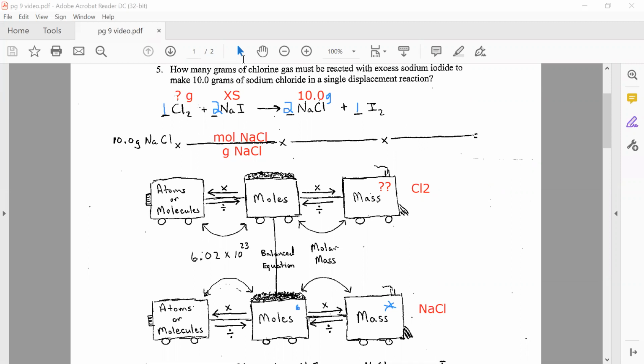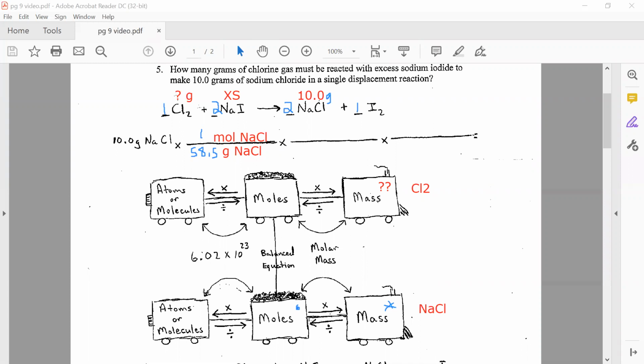If 58.5 goes on the bottom, so this is a 1. And then on the bottom, we have the 58.5. So the mole train tells us to divide. Mass to moles, we divide by the molar mass. So 10 divided by 58.5 would be my first step.